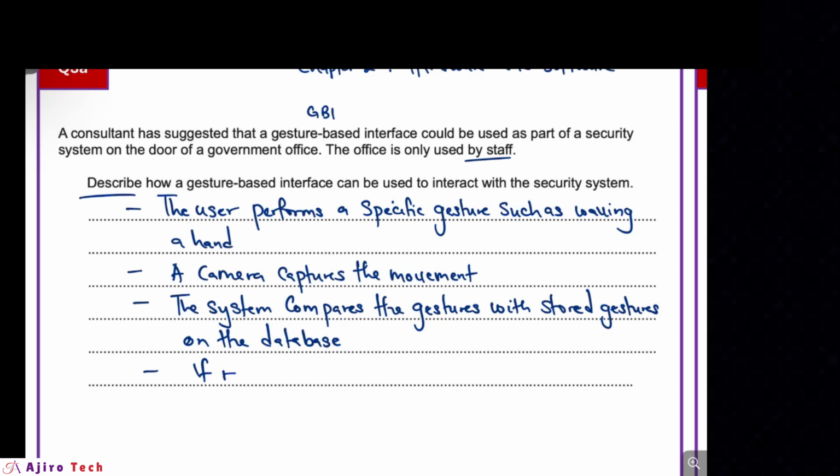If recognized, access is granted. Okay, so this is very important. So it could be waving of hand or head movement or arm movement. Okay, so the camera will detect the movement and the software is going to interpret it. Very important.